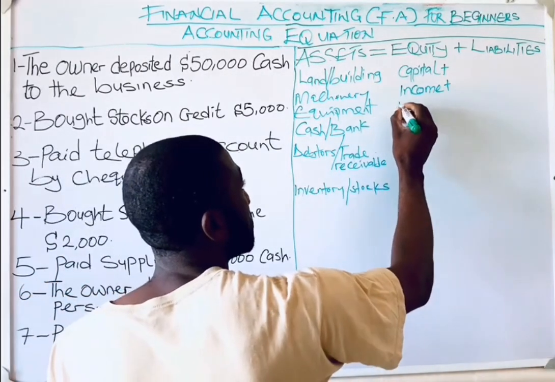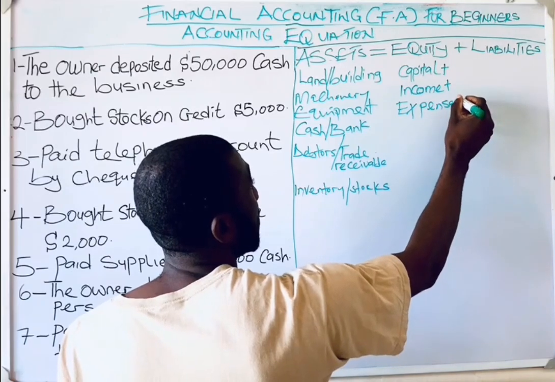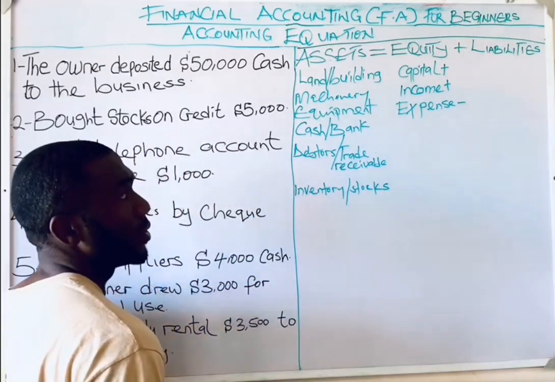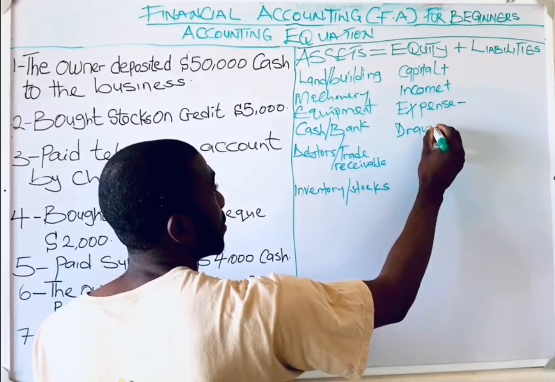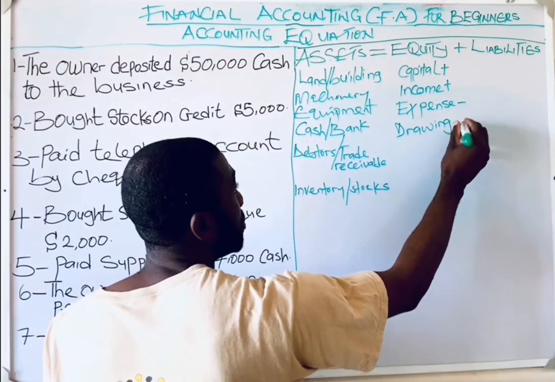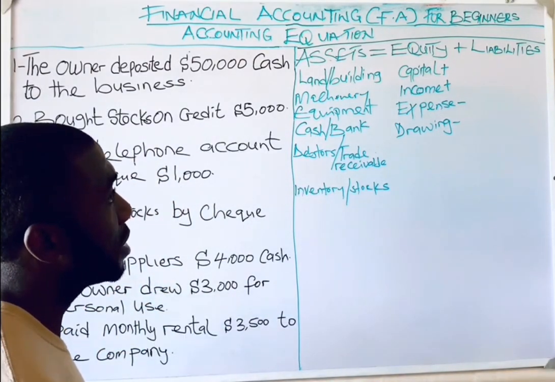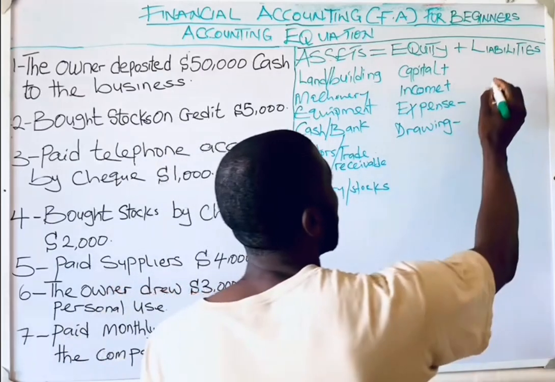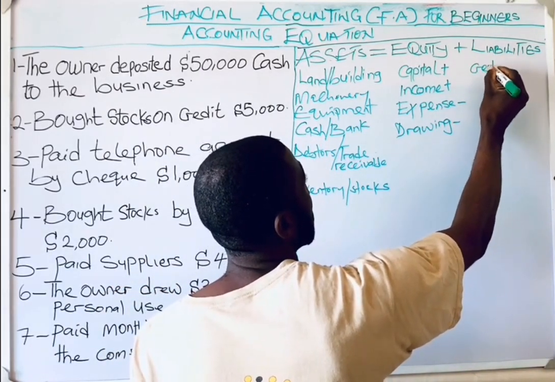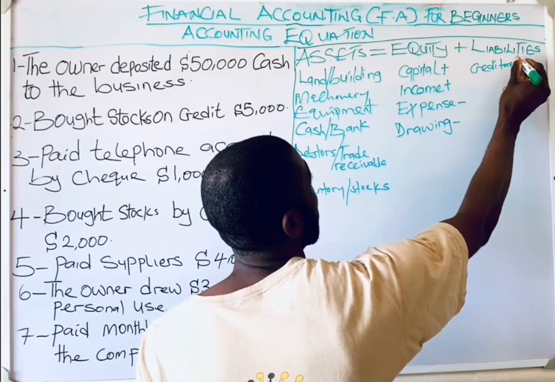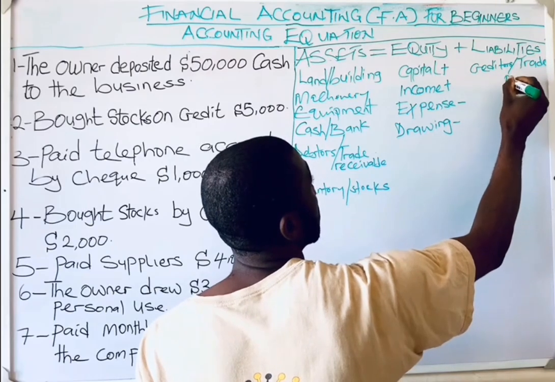We have expenses. This expense reduces your equity. And drawings reduce your equity. For this level, this is what we have under equity. And for liabilities, we have your creditors, or we call it trade payables.